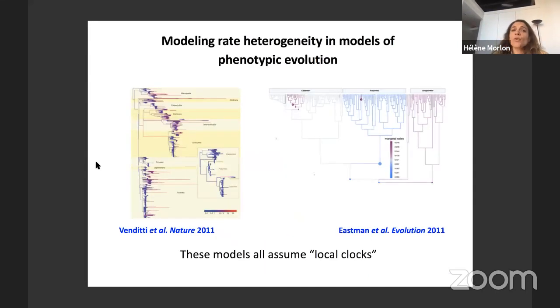In terms of models of phenotypic evolution, the trend has been a little bit the same. The models that exist at the moment are local clock models, where people try to identify places in the phylogeny where there's been a shift in the rate of phenotypic evolution.